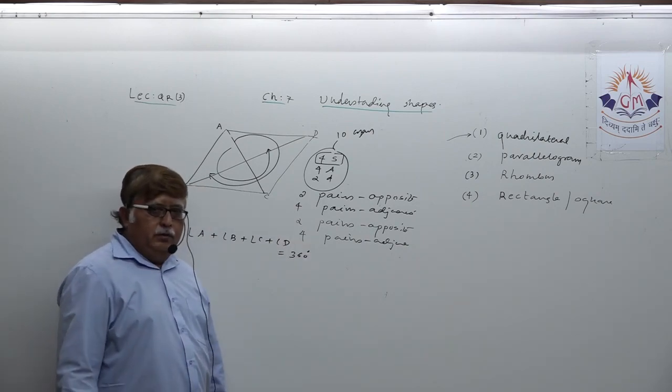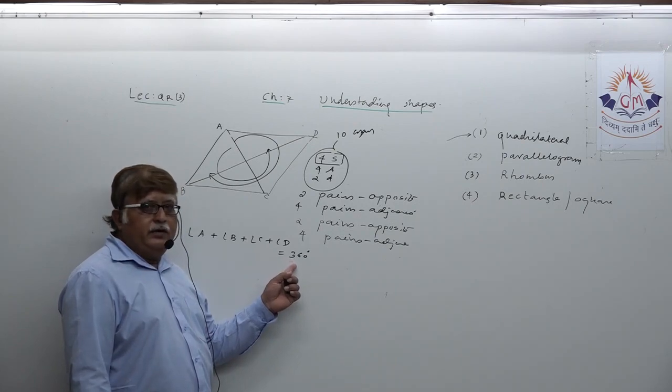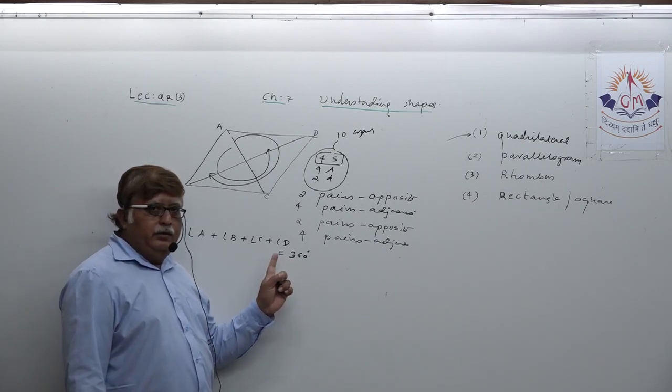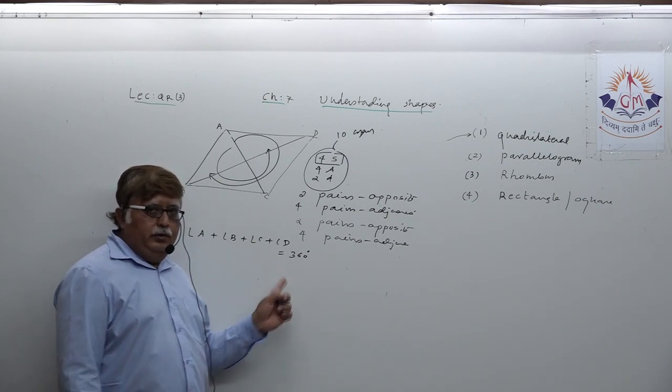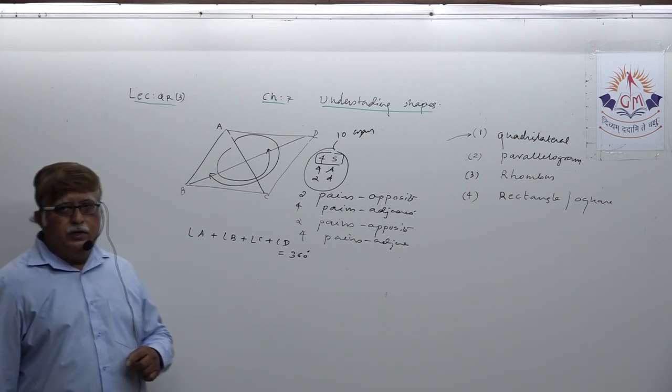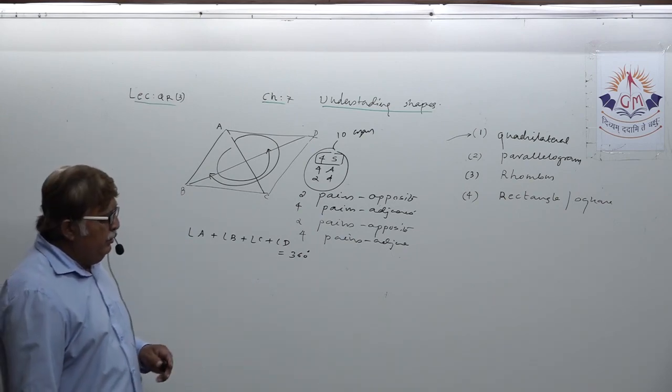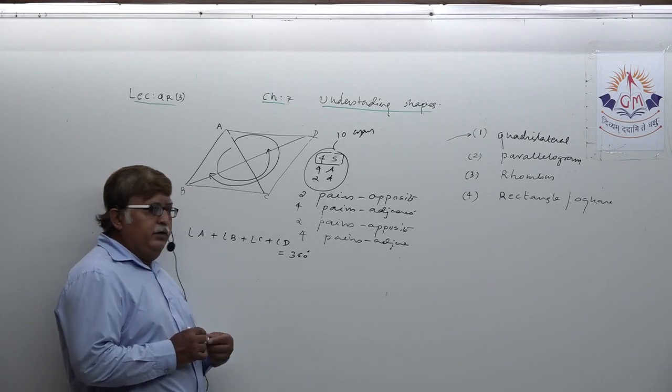You know this. We have proven this fact in terms of a theorem also. You have already proved a theorem where you have proved that the sum of all angles of a quadrilateral is 360. Okay.